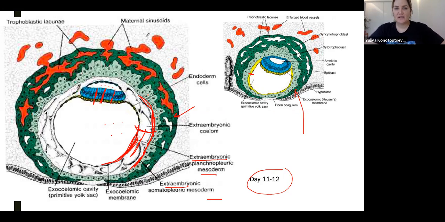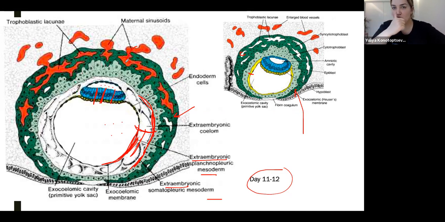I told you that blood vessels are going to be entering into the trophoblastic lacunae. You remember that these trophoblastic lacunae were spaces within the syncytial trophoblast. When the blood vessels enter here, you're going to see that we establish uteroplacental circulation.